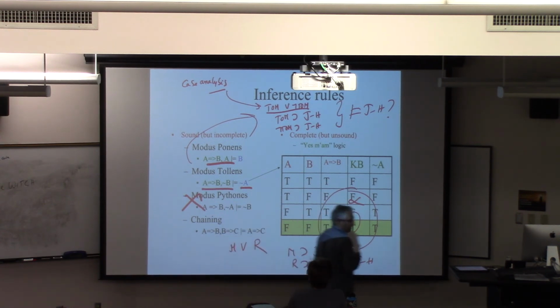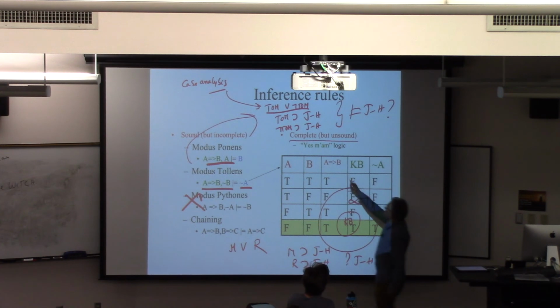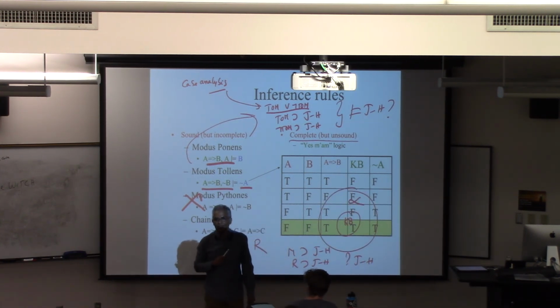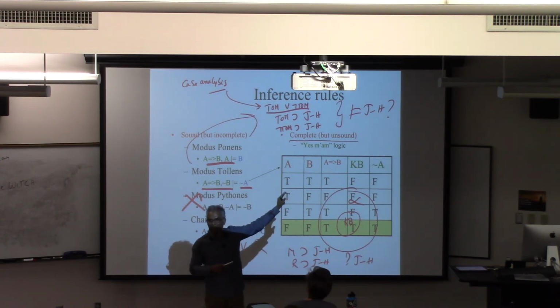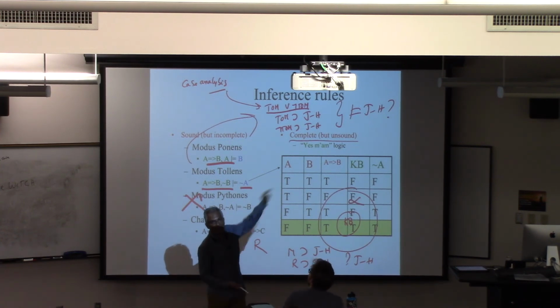Again, in terms of just complete but unsound, as I said, for everything you say yes, it's entailed. In which case, for all the things that are truly entailed, you would have said they're entailed. Because of which you are vacuously complete. But you're not sound. Because there are things that you will say are entailed that are not actually entailed.